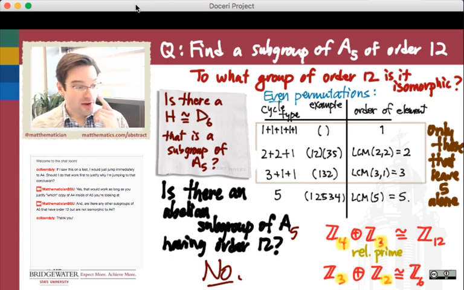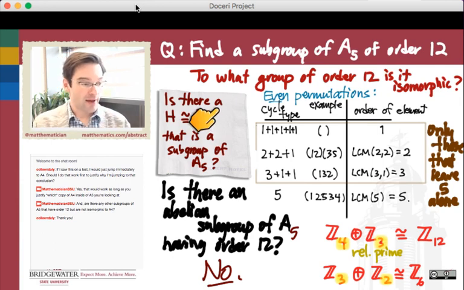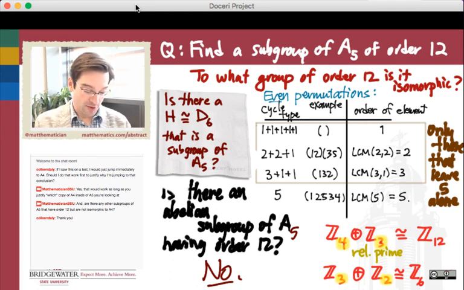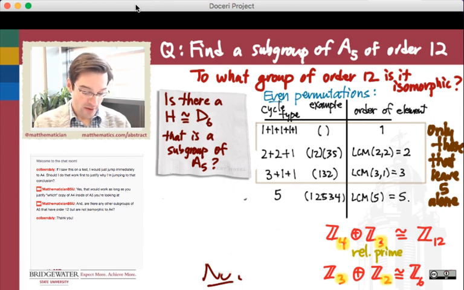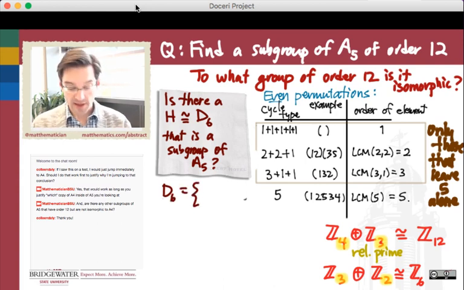So to answer this question, let's think again about what the elements of D6, the dihedral group of the hexagon, actually look like. What do we know about them? What do we know about their orders? So the dihedral group of the hexagon, D6, is going to be the set of all symmetries of a regular hexagon.